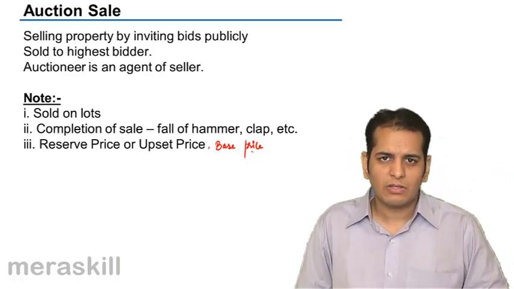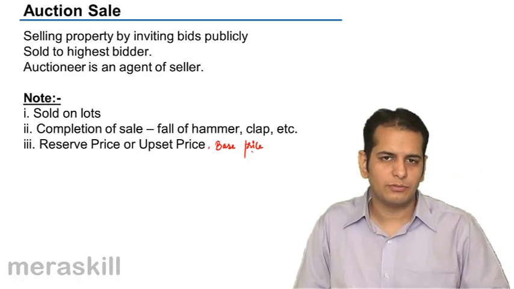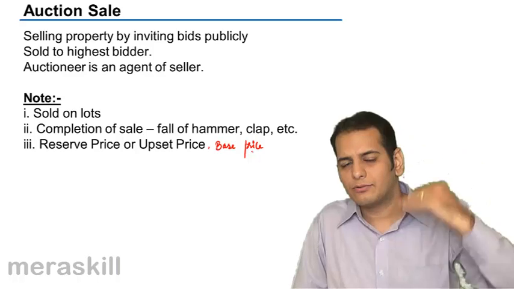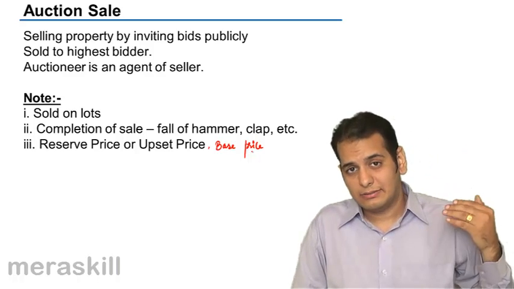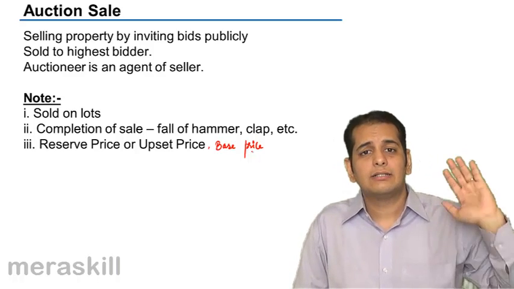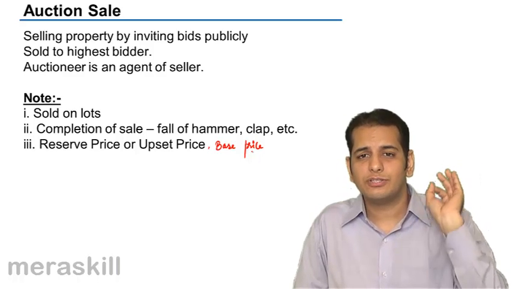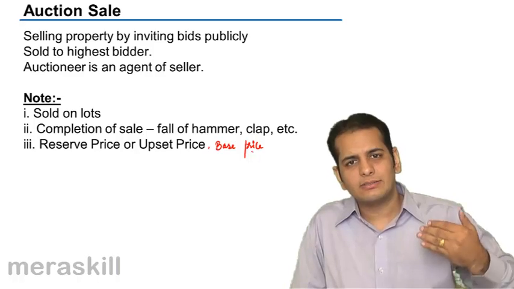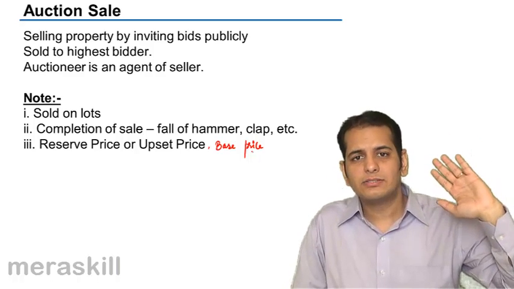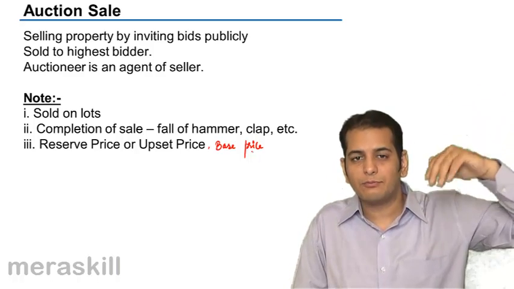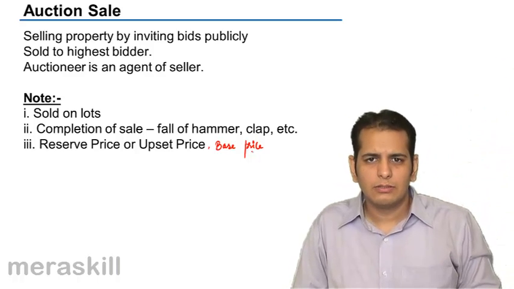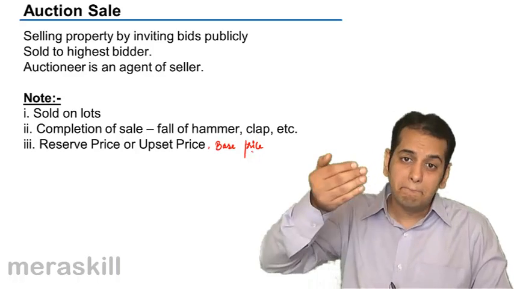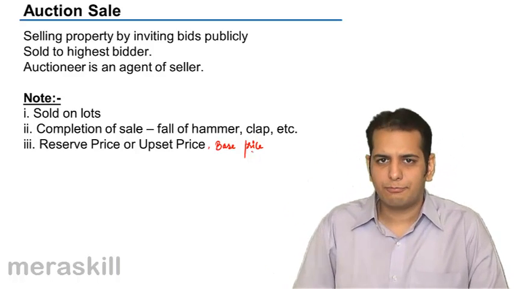Let's say the furniture is being sold and the bidding starts at 2 lakh rupees. Now, the seller may announce that the reserve price for this furniture is 5 lakh rupees. Many times he starts the bidding below the reserve price.